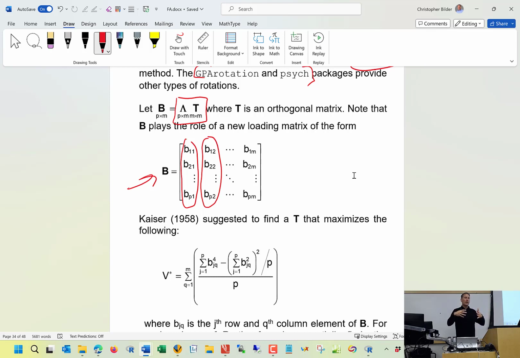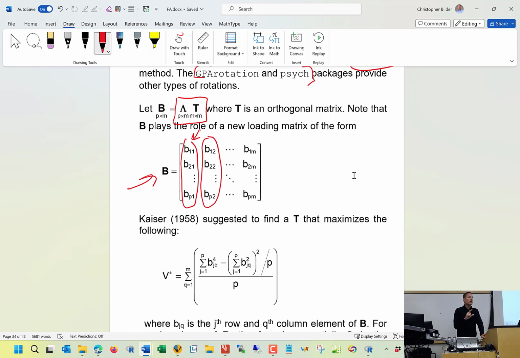So how about we look at the b's squared, and our goal is to find a set of b squares that are always close to 0 or close to 1. So from an intuitive point of view, what do you essentially want to do with each of these columns of these b's? Again, these columns are how you're interpreting common factor 1, common factor 2, and so on. What would you want to do with these b's?